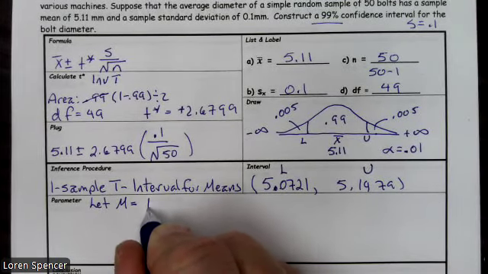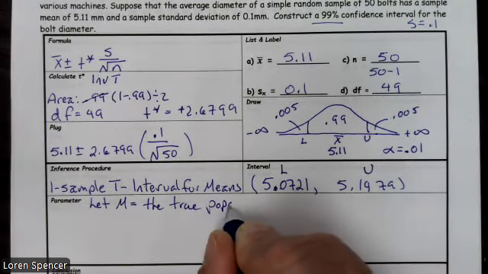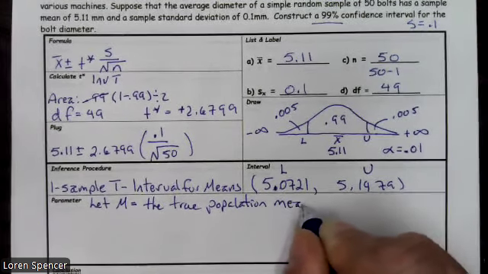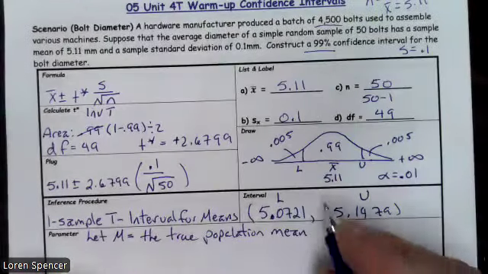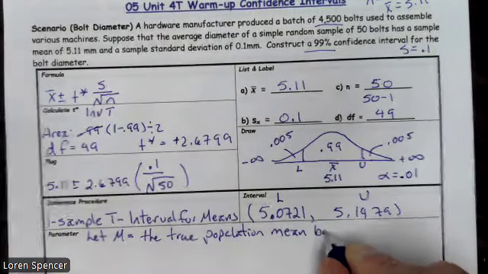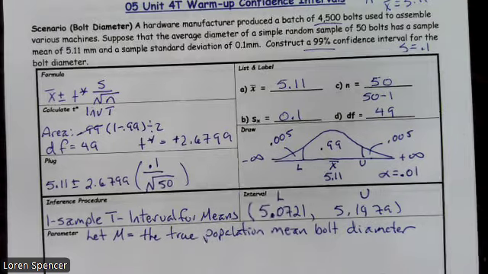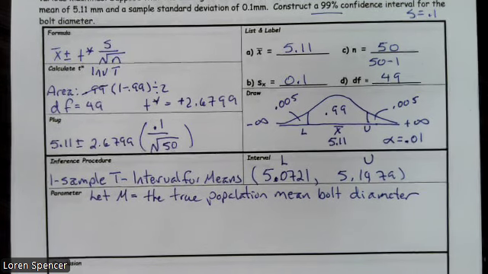So let mu equal the true population mean. What? Well, what do we care about? Bolt diameter. All right. And that's really all we had to say in regards to that in order to get full credit.